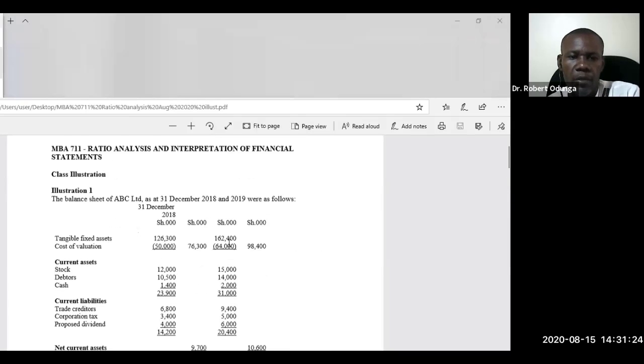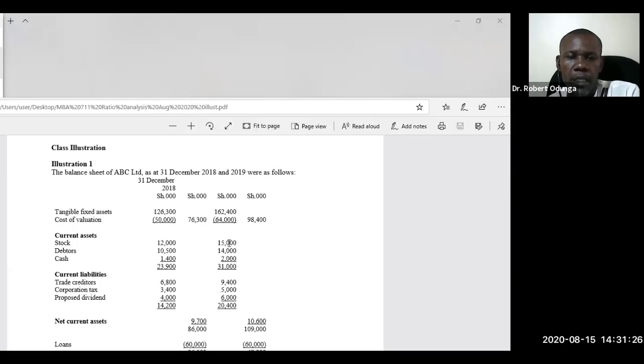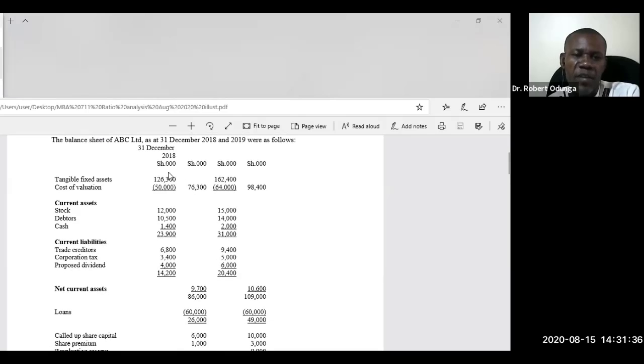Now, the debtors figure, if we are to compute for 2018, then we have to assume that the debtors figure for 2018 is the figure representing the average for the year.